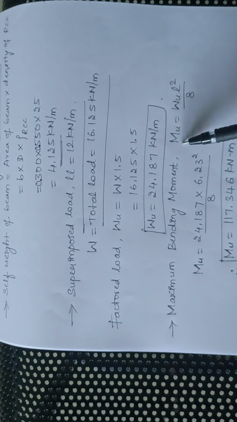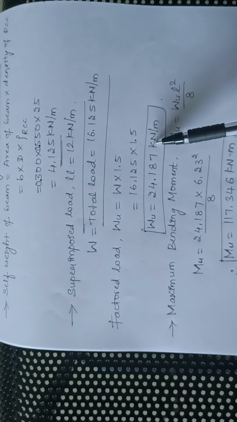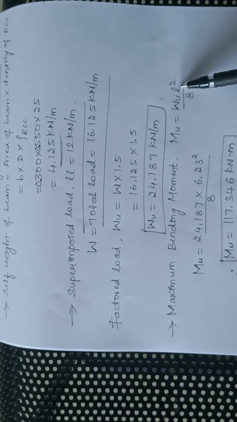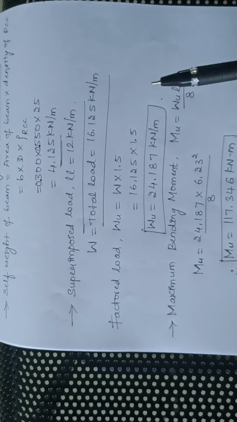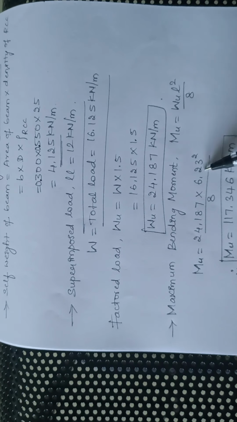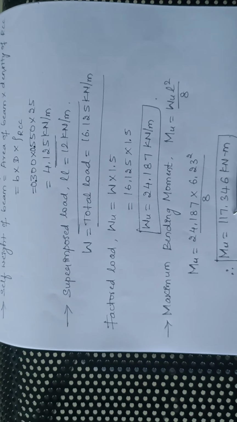Hence, the formula will be written as Mu is equal to WL square by 8, where W is 24.187 and L represents the effective span length that we found in the second step. We had adopted the least value of 6.23 meters. You substitute it and square it here, then divide it by 8. Now on simplifying this, you will get a moment value of 117.346 kilonewton meter.